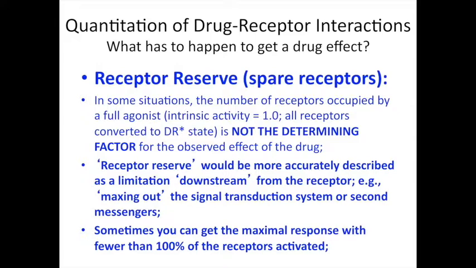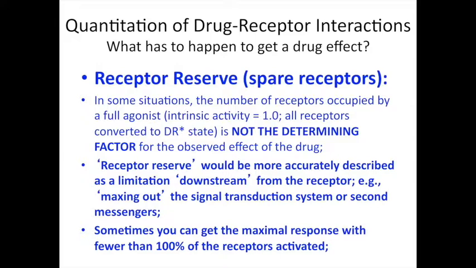Let's say we've got a system that has 50% of what they'd call spare receptors. In the case of a full agonist, those 50% of receptors are wasted, because once you get the full signal transduction by activating half of those receptors, you don't need the rest of them.